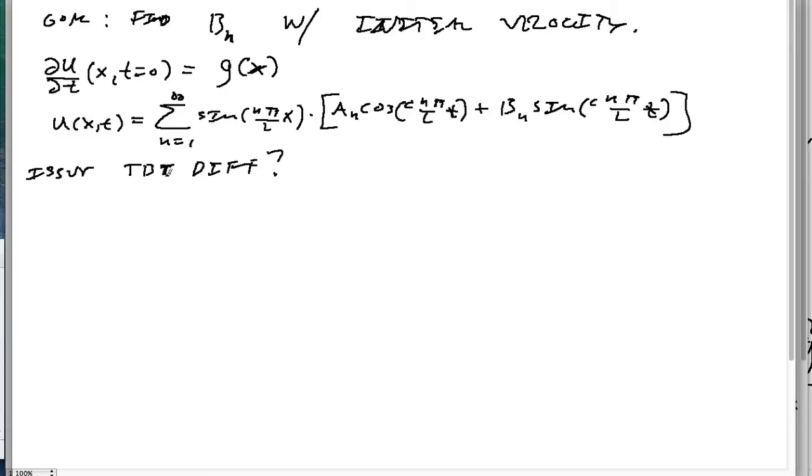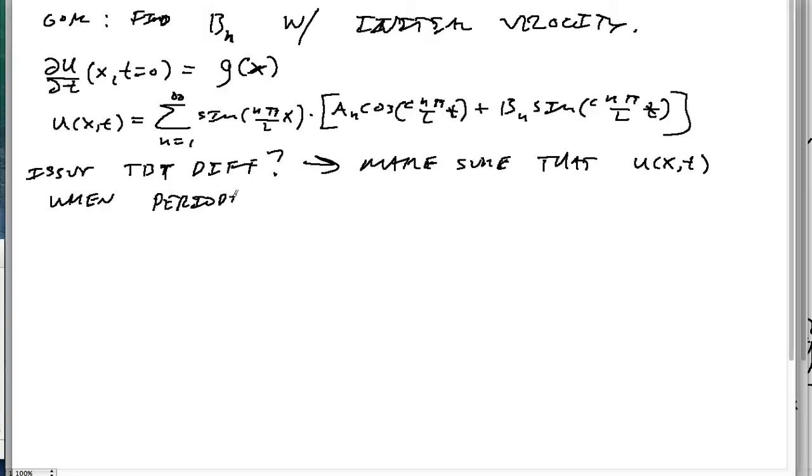Can we do it? Well, what do we need to assume? We need to make sure that u of x and t, when periodically extended, is continuous.